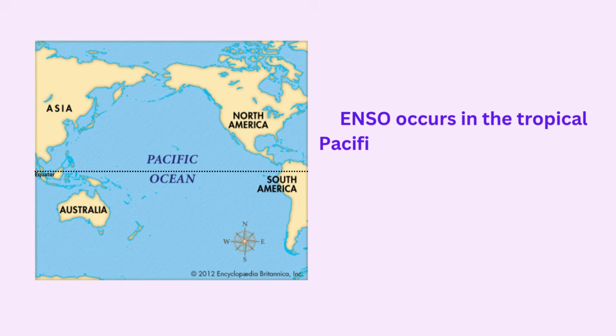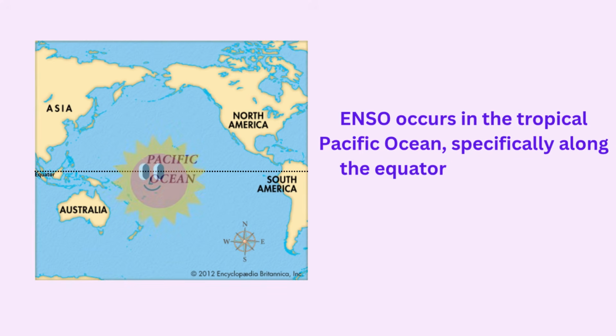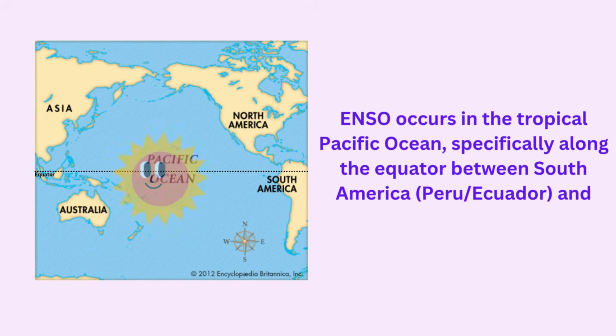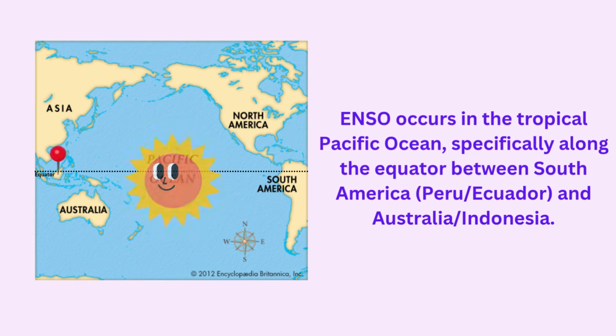ENSO occurs primarily in the tropical Pacific Ocean, along the equator, where it receives a great amount of sun rays, which warms the ocean. The key region affected stretches from the western Pacific, near Indonesia and Australia, across to the eastern Pacific, near the coasts of South America, particularly Peru and Ecuador.